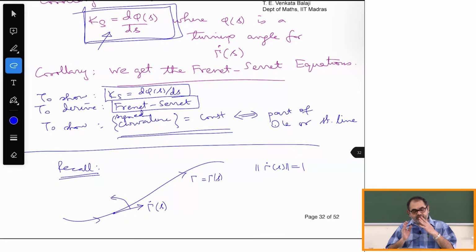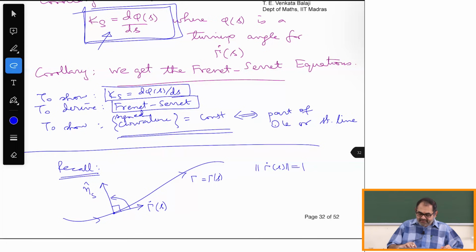Now, the way we defined the sine curvature geometrically was the following. We took this unit tangent vector and rotated it 90 degrees in the anticlockwise sense, and this was the unit normal vector.